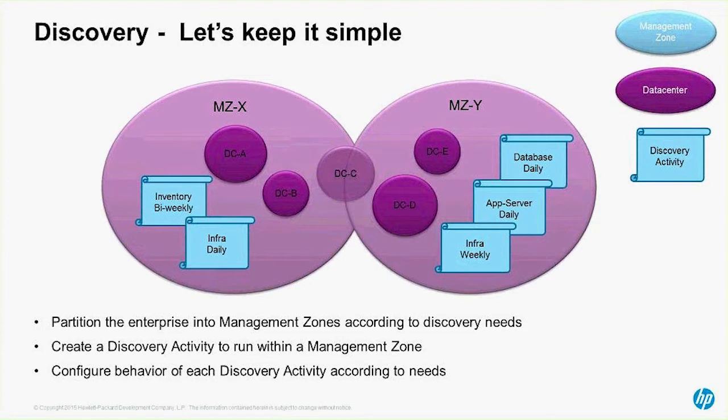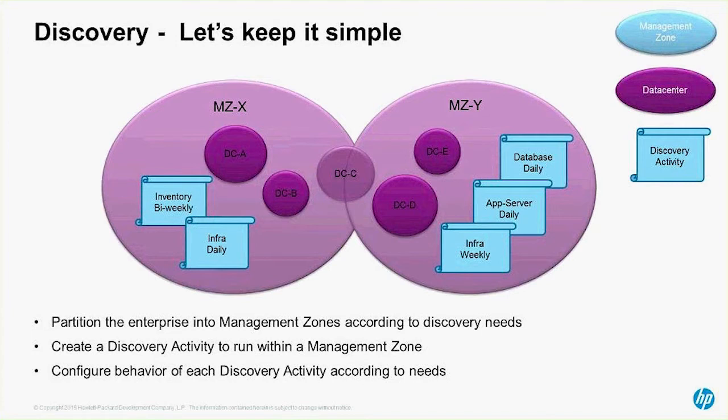What it means is that I could have different discovery targets that may need different discovery configurations. Rather than just turning on a single configuration for all IT enterprise, what management zone allows you to do is to fine-tune or create these zones and then fine-tune those discovery activities based on the zone requirement.